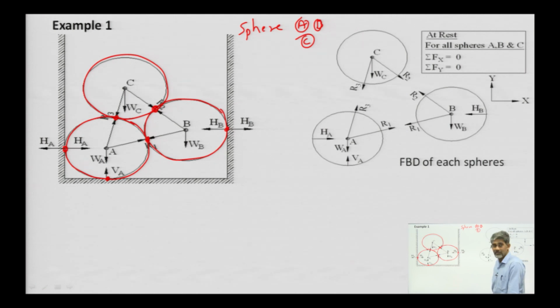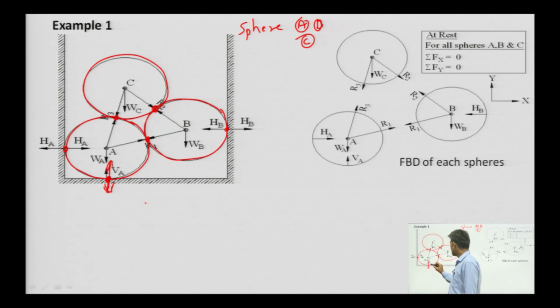To answer this, we first need to know the number of unknowns. What is the number of unknowns here? The unknowns are the thrust, the vertical pressure here.